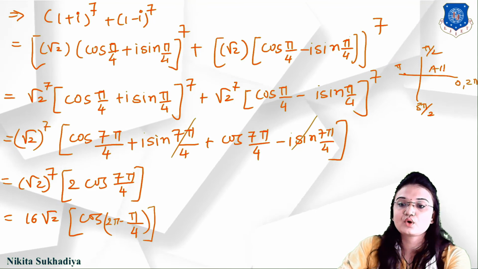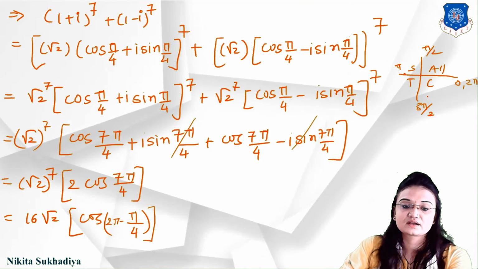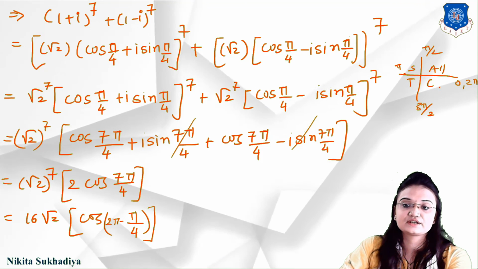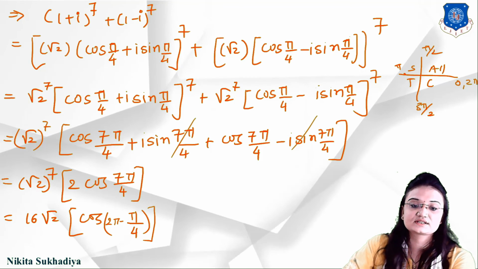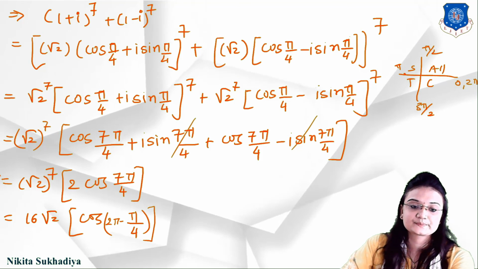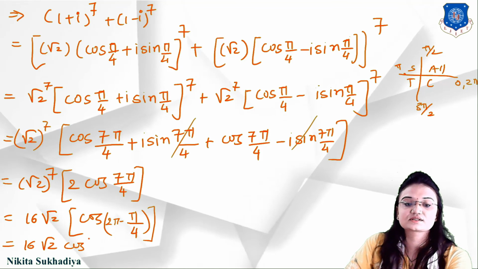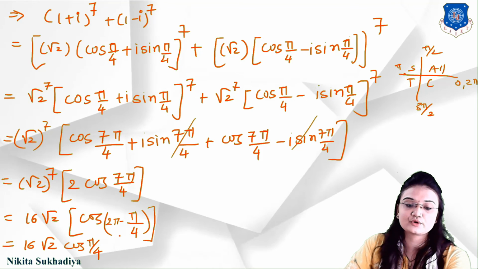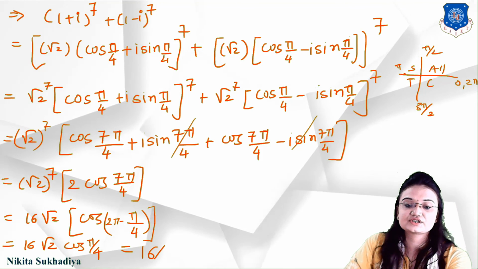Here according to the ASTC rule, 2 pi minus pi by 4 is in the fourth quadrant, and in the fourth quadrant cos is positive. So this answer will become 16 under root of 2 times cos pi by 4, and cos pi by 4 is 1 upon root 2. So our final answer is 16.